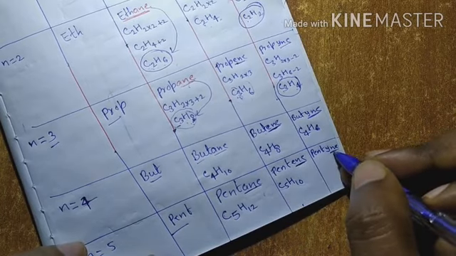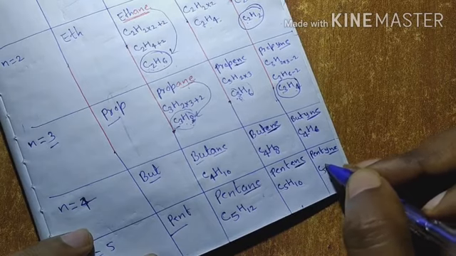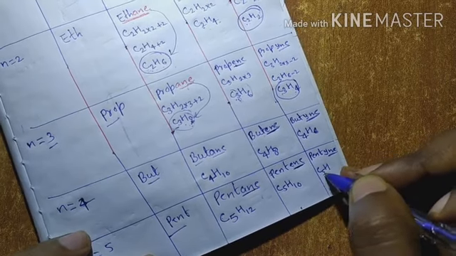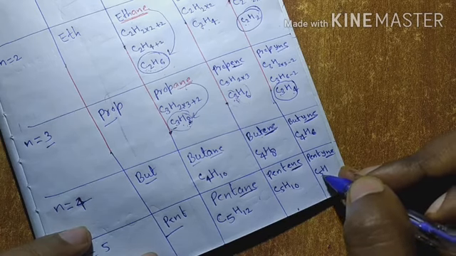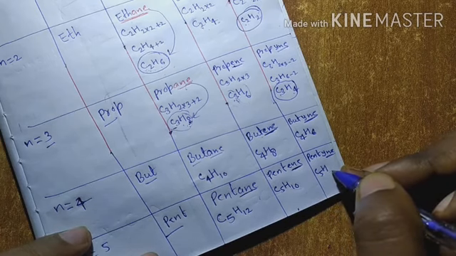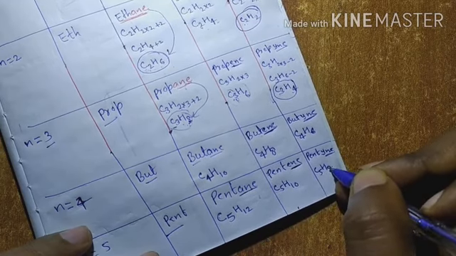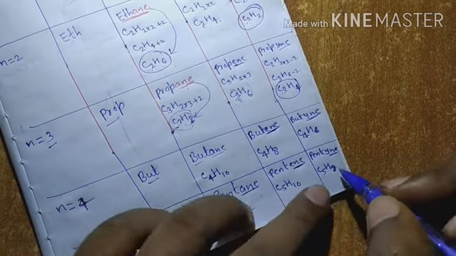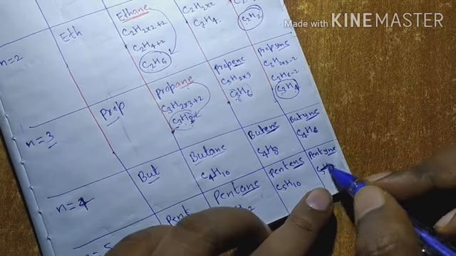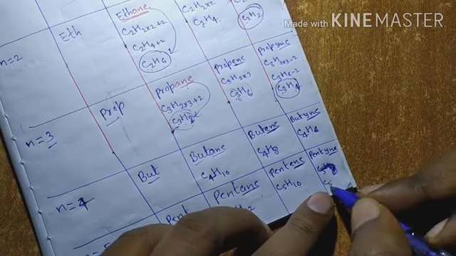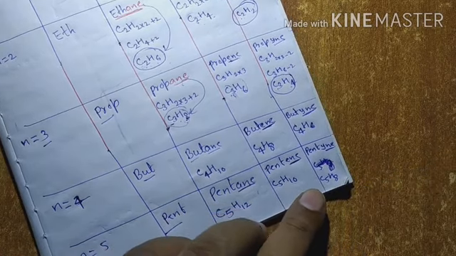Pentyne, yne, pent means 5, C5, H. First of all, double it. Double of 5 is 10, but minus 2, 10 minus 2 is 8, H8. Students, this is H8. Okay, C5H8. Now I will write on the next page.